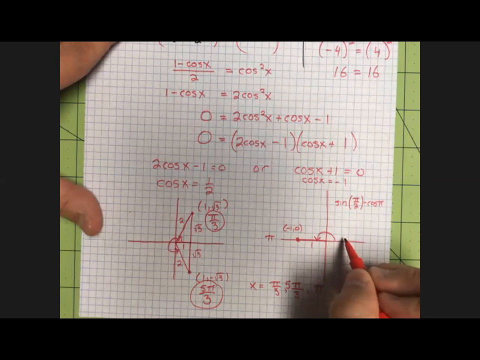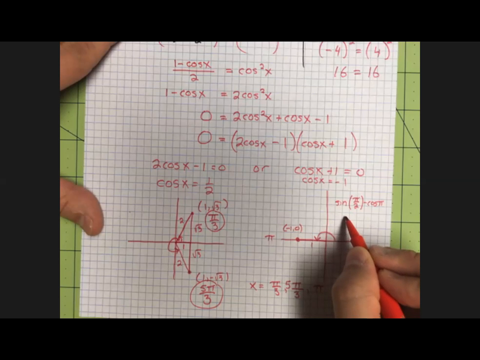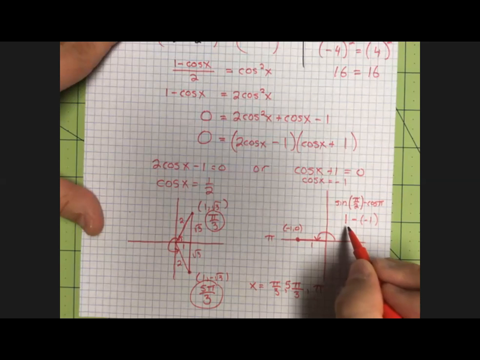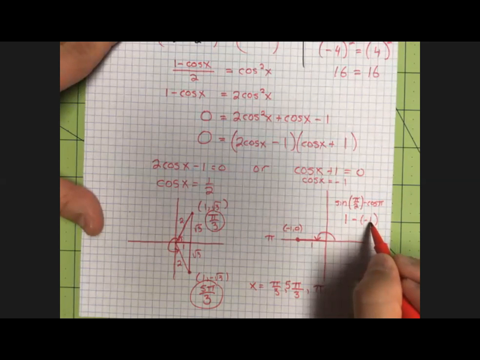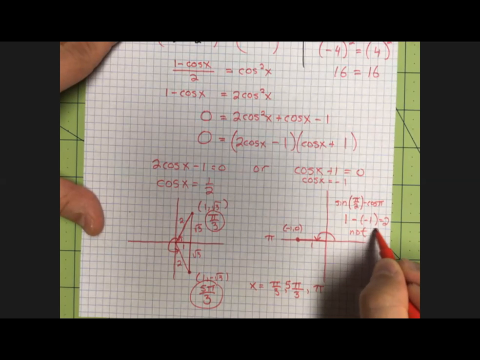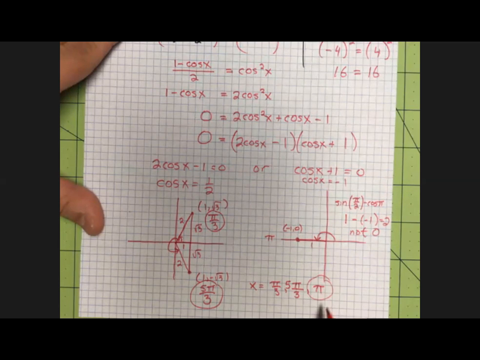Sine of pi over 2, 90 degrees, is 1. Cosine of pi is minus 1. So 1 minus minus 1 is 2, and not 0. So I'm nervous about this one. I don't think this one works.